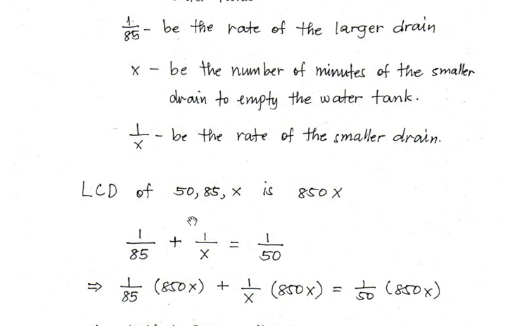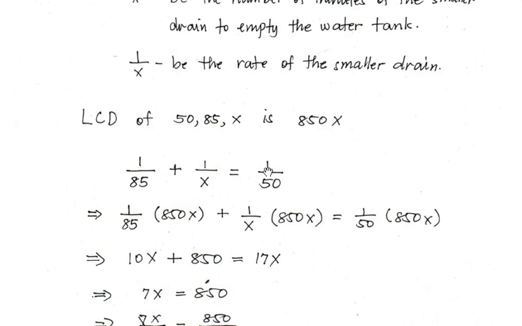If these 2 drains are opened together, they can empty the water tank in 50 minutes. So in just 1 minute, this is the fraction of work done. The LCD of 85, x, and 50 is 850x.